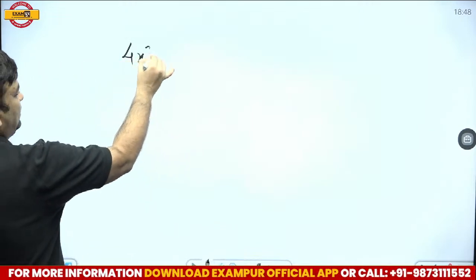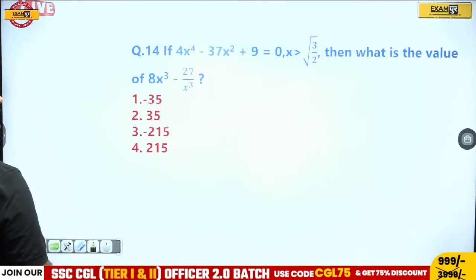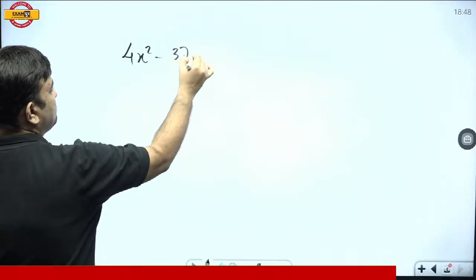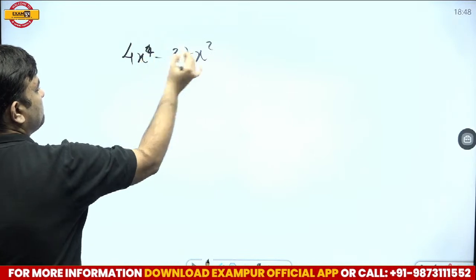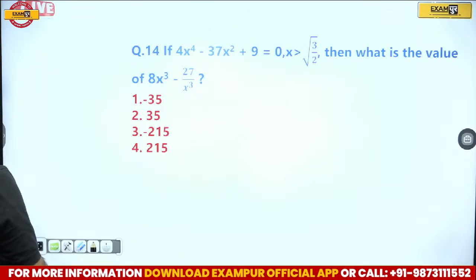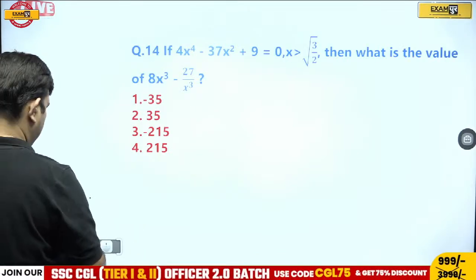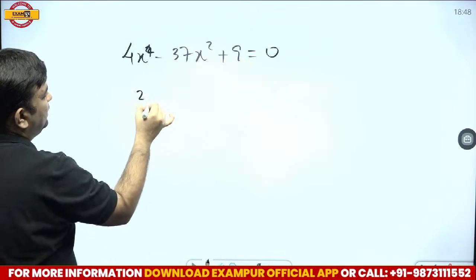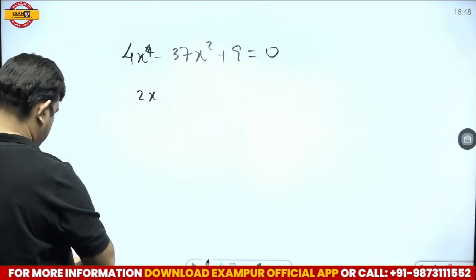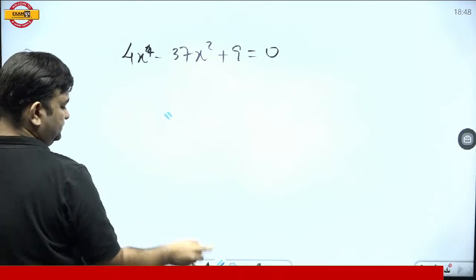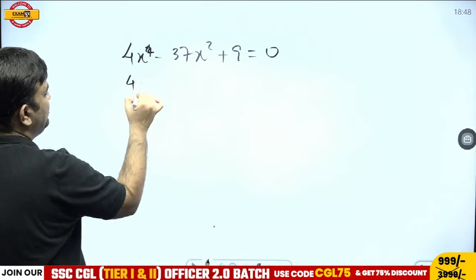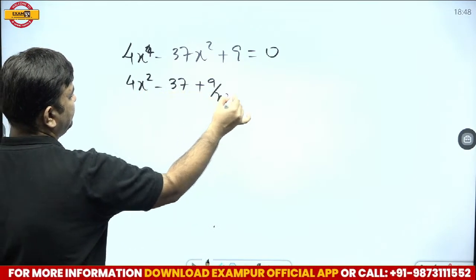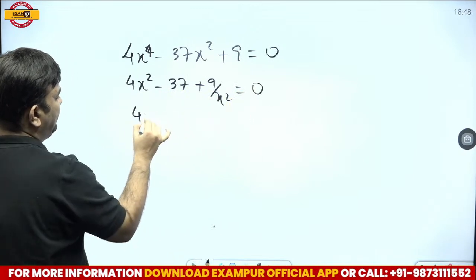Four x square minus 37 x square plus 9 is 0. This is 2x. Divide by x square to make one term independent of x.